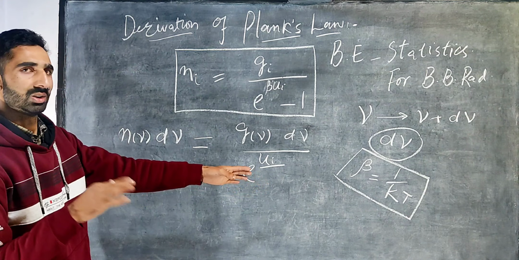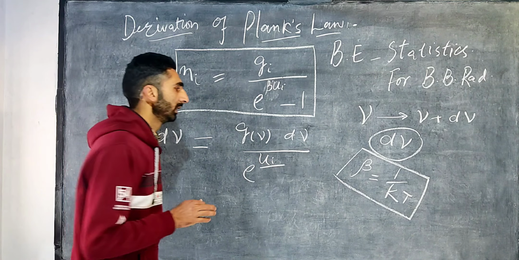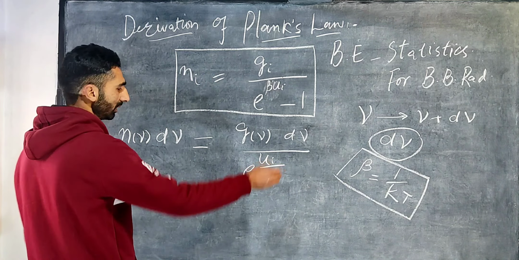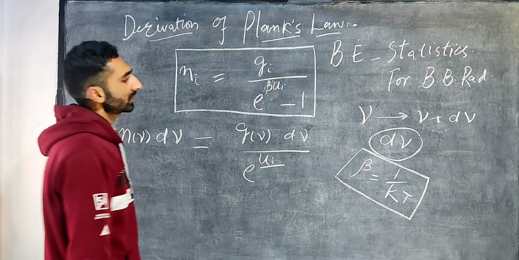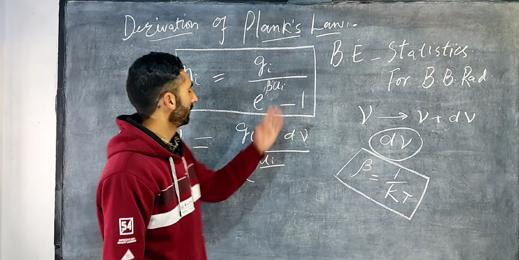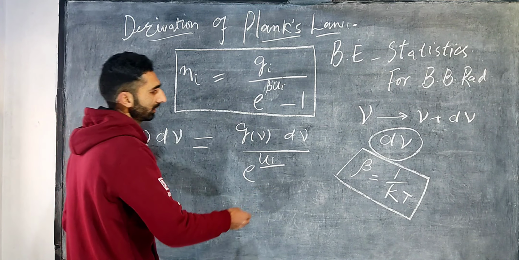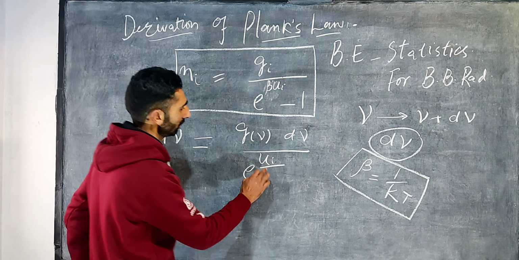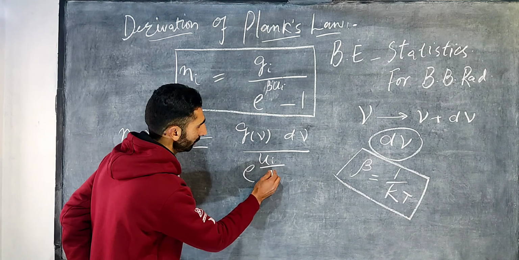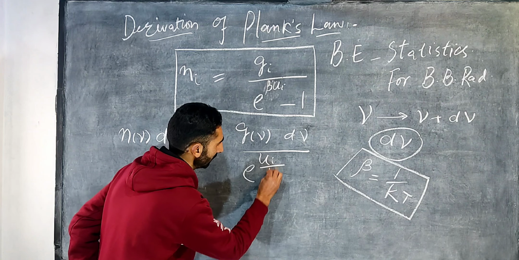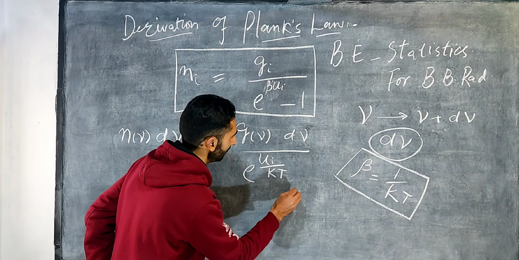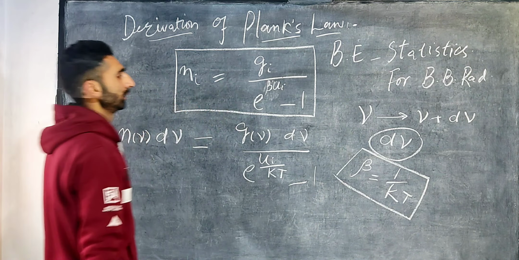This is already known to you from your previous classes, from thermodynamics, statistical thermodynamics in specific. So using this, we get e to the power u upon kT, minus 1.